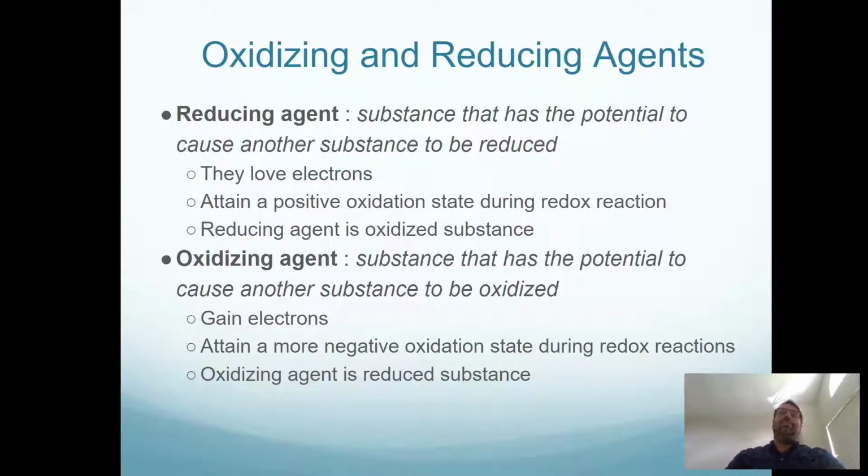And then this is just some language thing. Reducing agent is a substance that has the potential to cause another substance to be reduced. So it's usually the thing that gets oxidized. And oxidizing agent is going to end up being the thing that reduces.